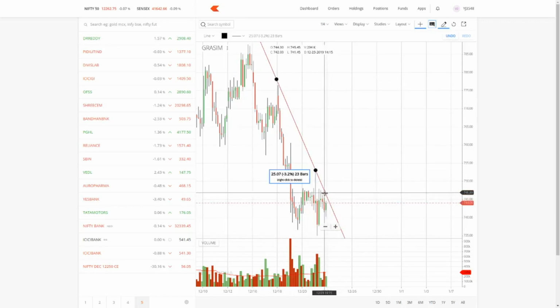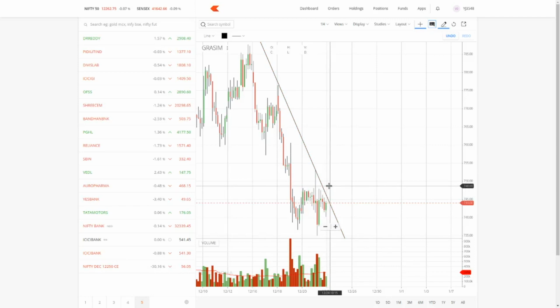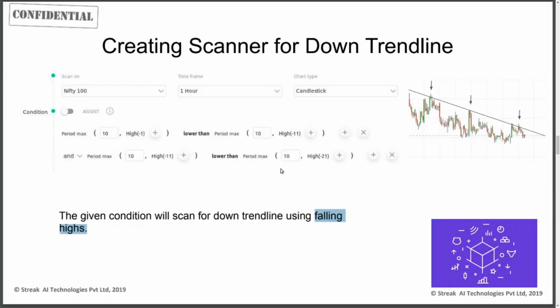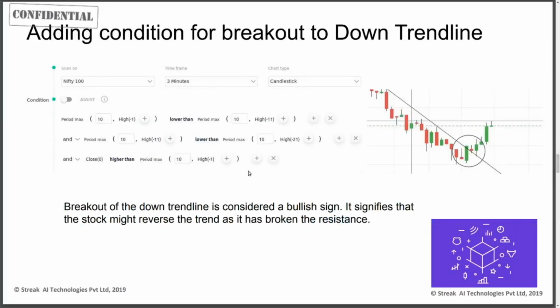If any breakout happens above this line, this trend line can act as a resistance, and if the trend breaks that, it can continue on the bullish side. So with this, you can easily identify a downward trend with a streak.